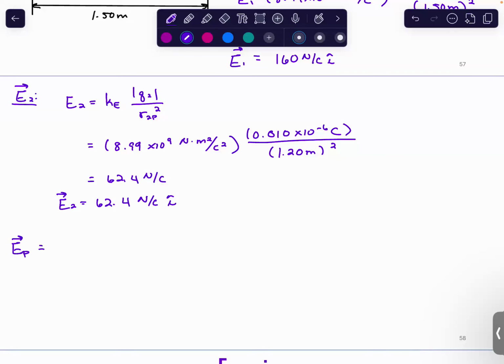The electric field at P will be E1 plus E2. So that's just going to be the sum, because there are no Y components.